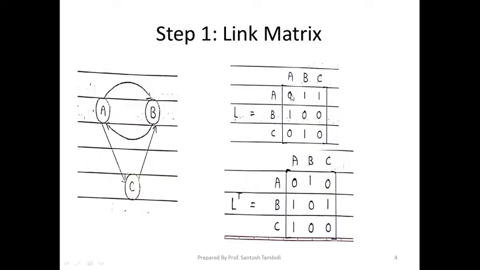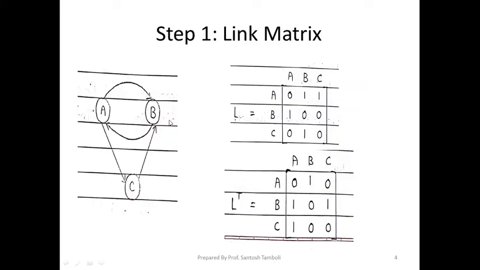It's very simple. For the second row, web page B is connected to only A, hence the entry is 1 and the other entries are 0. And C is connected only to B, so that entry is 1 and the other entries are 0. The link matrix is constructed from this web graph.